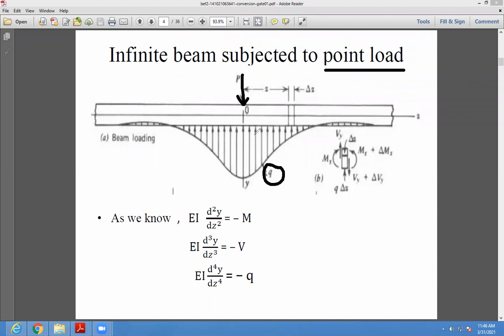Below the beam there is a foundation, so whatever pressure or reaction comes from the foundation acts at the bottom of the beam.